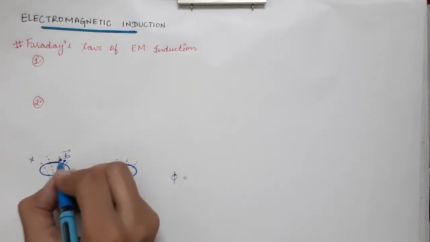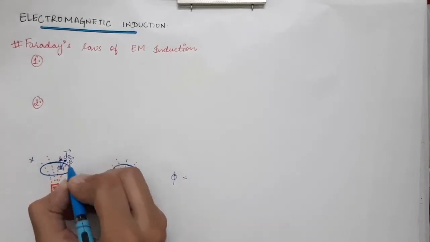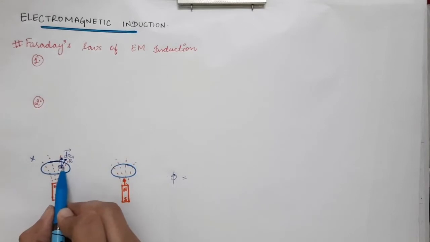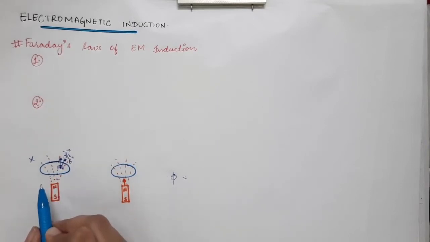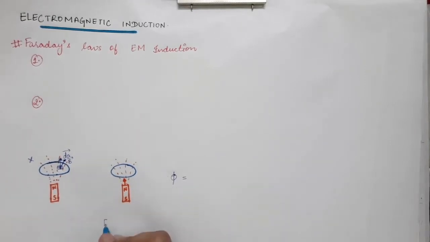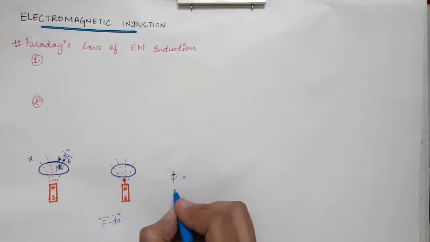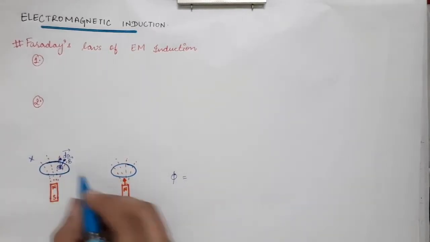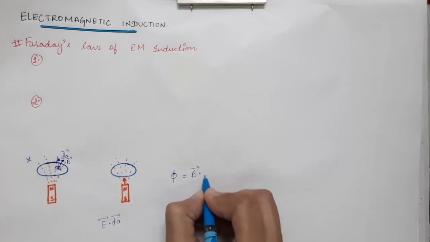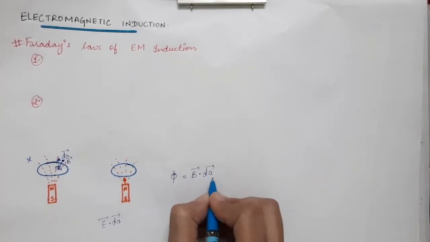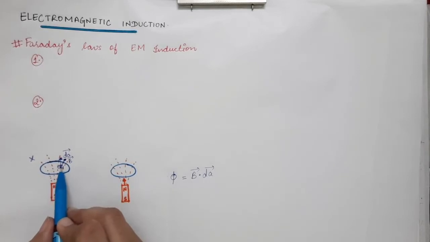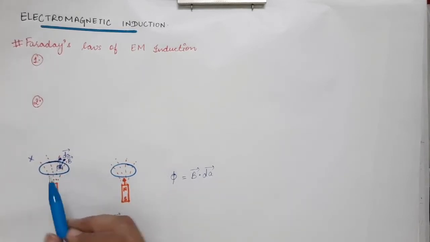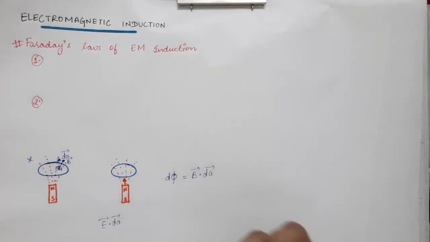What will be the magnetic flux linked with this small area element? We have seen in the case of electric field that the electric flux is given by E vector dot dA vector. Similarly, magnetic flux in this case will be given by B vector dot dA vector. This is the magnetic flux linked with this small area element, and it will be represented by d phi.